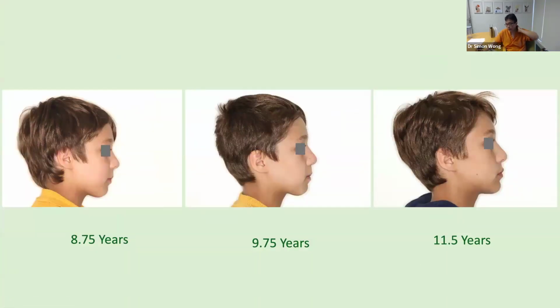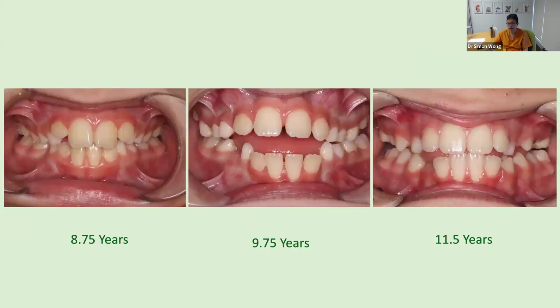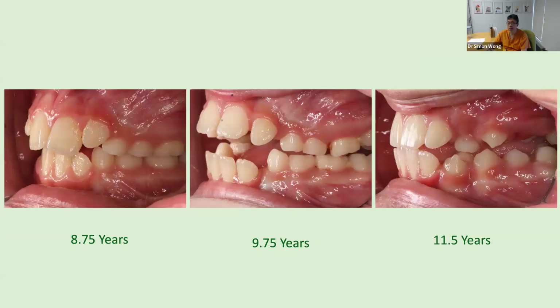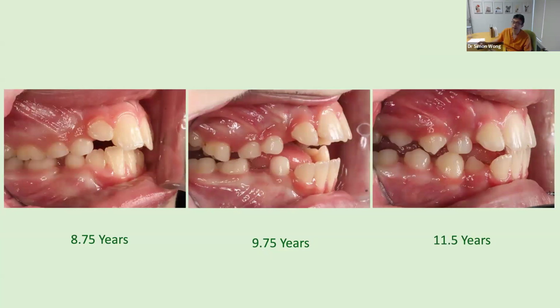The skeletal open bite, which we auto-rotate closed. Okay, so you'll see here the 6 molars are in contact on the right.